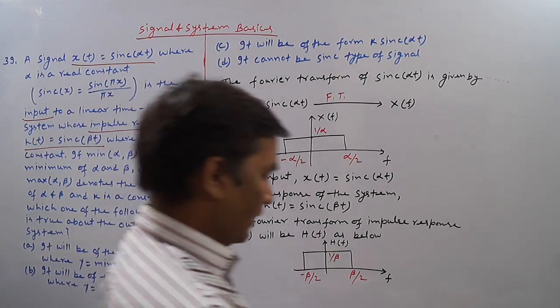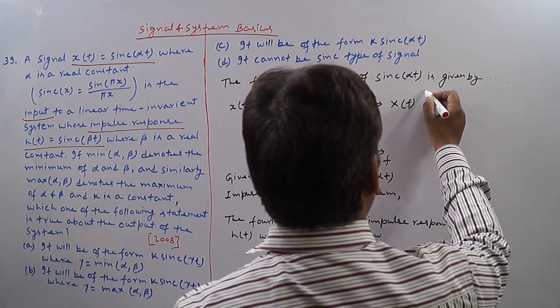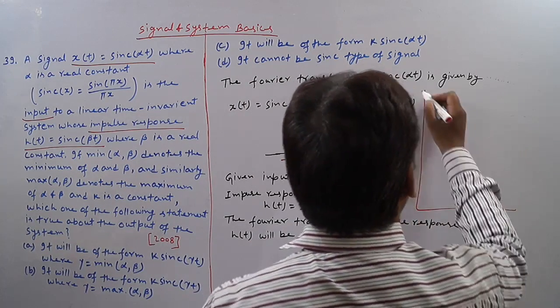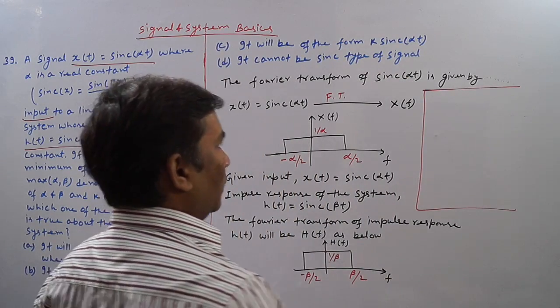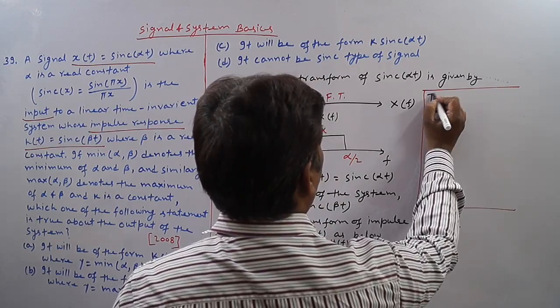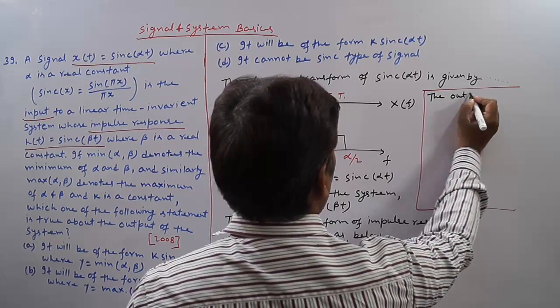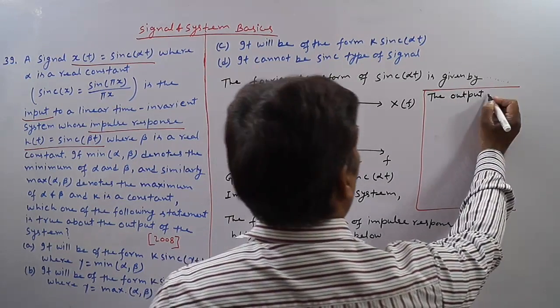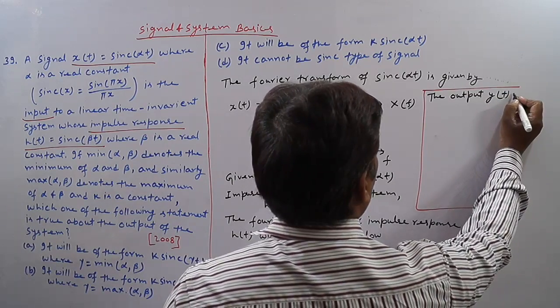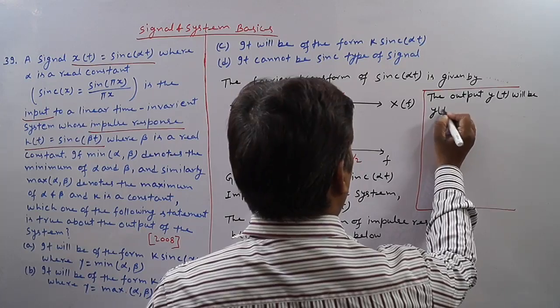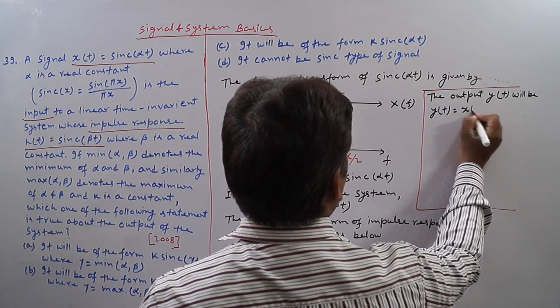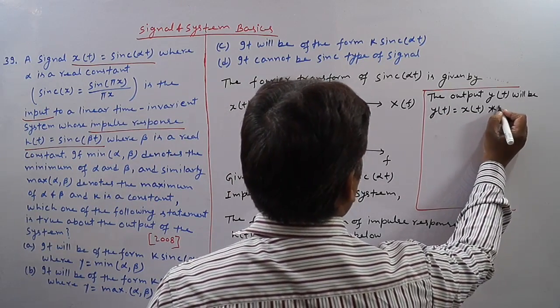Let me make some space here so that we can write. Now the output y(t) equals x(t) convolution h(t).